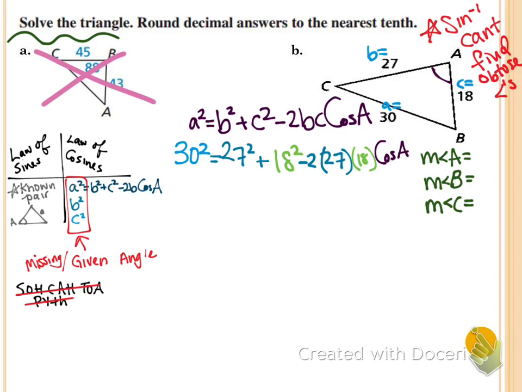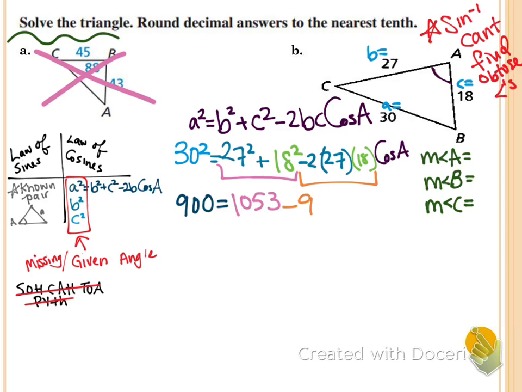All right, so starting easy, 30 squared is 900. And remember that some of these you can just plug directly in your calculator, like 27 squared and 18 squared. It is 1,053. And then you can plug in negative 2 times 27 times 18.